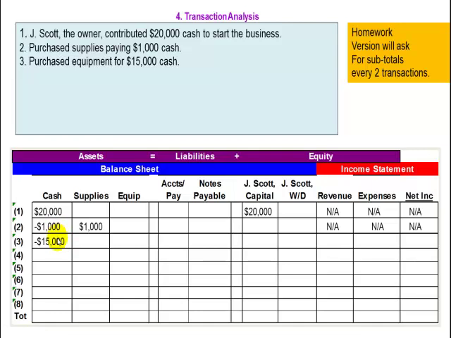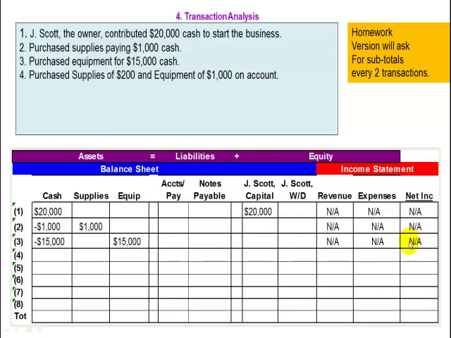So cash is going to go down $15,000, and equipment is going to go up $15,000. And again, all we did was trade one asset, equipment, for another asset, cash, and assets didn't change. And if assets don't change, that means that liabilities don't change, and neither does owner's equity. So again, buying equipment has no effect on revenue, no effect on expenses, and no effect on net income.